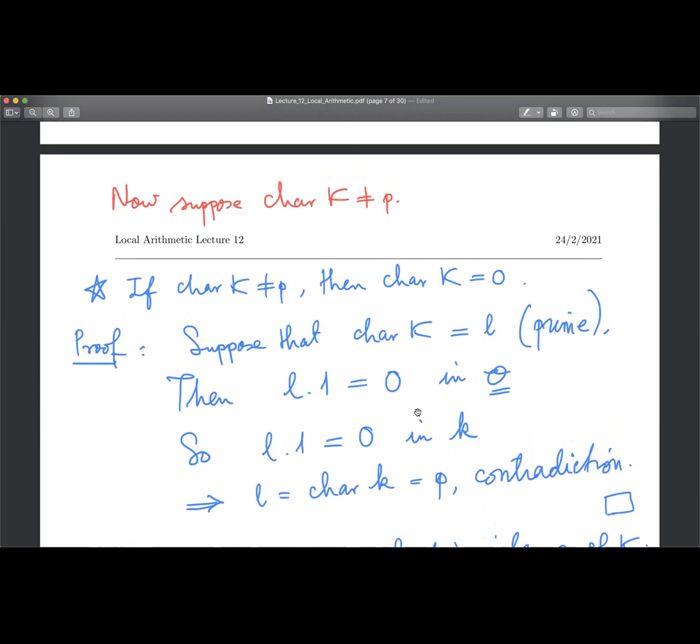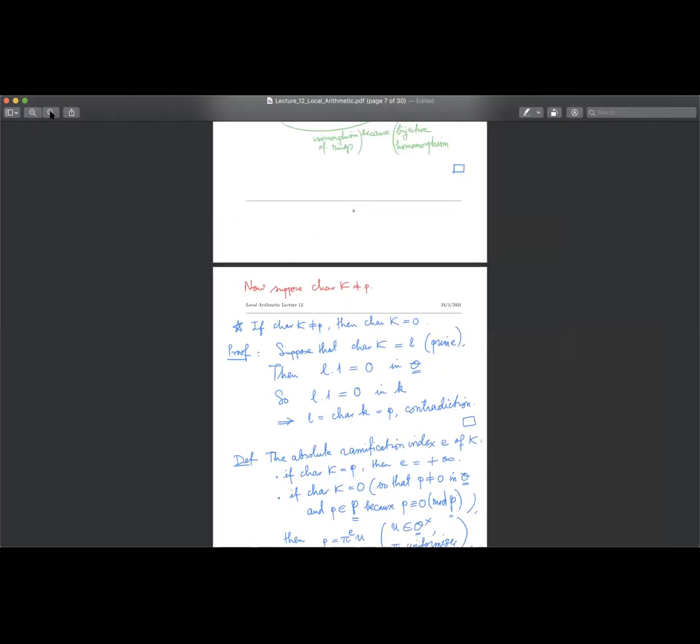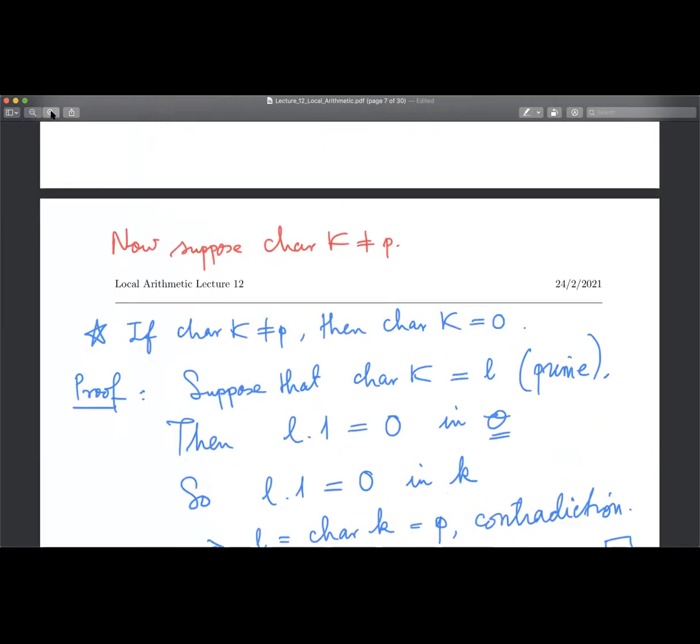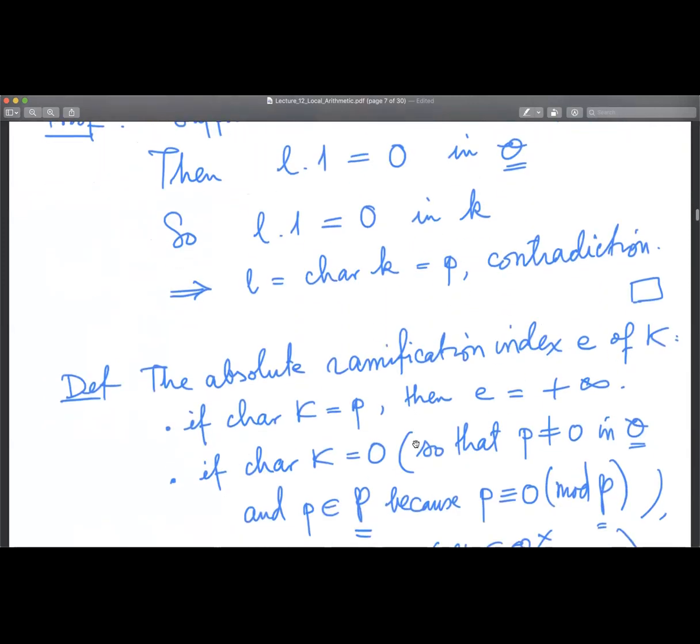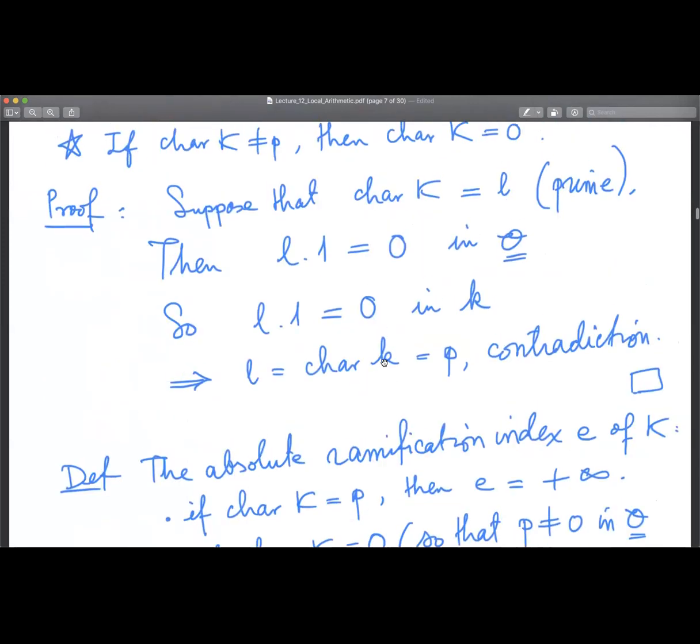Yeah, so it could be the characteristic of capital K. But because we don't know the characteristic of capital K, we are trying to determine it. But we do know the characteristic of little k. It is P by definition. So we couldn't have worked in capital K. We have to reduce and work in little k.